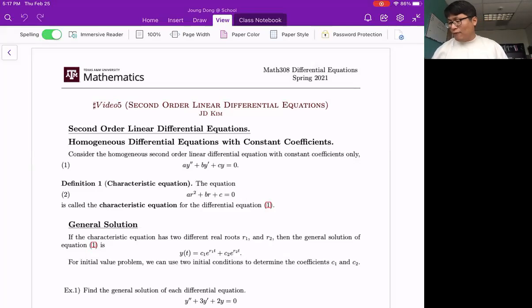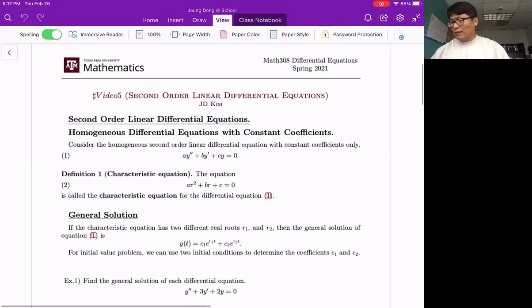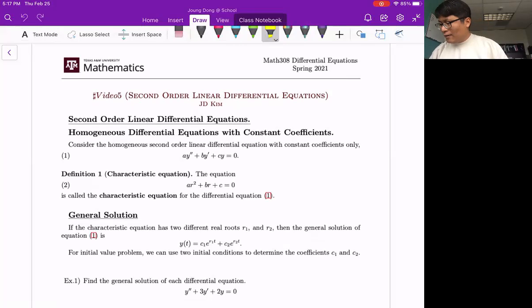For now we just accept that whenever you have a second order linear differential equation with constant coefficients, we're going to use the characteristic equation. Look at that: a y double prime plus b y prime plus c y is equal to 0. It is a homogeneous second order linear differential equation with constant coefficients. And a r squared plus b r plus c equals 0 is your characteristic equation, which is a quadratic equation.